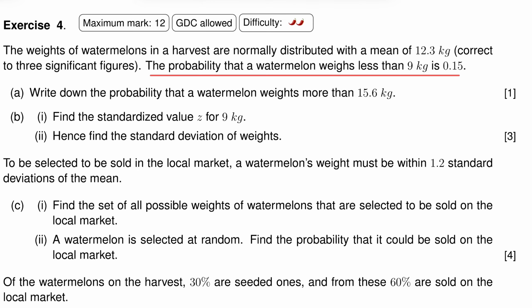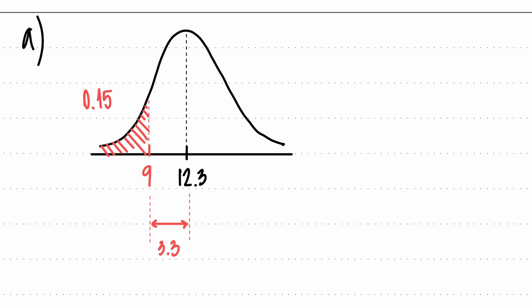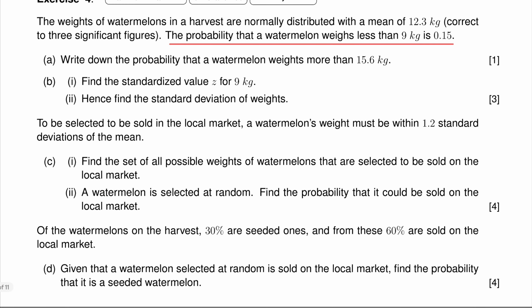One thing that we know is that the probability of finding a watermelon which weighs less than 9 kilograms is 0.15. So let's say that this red line represents 9 kilograms, and the probability, meaning the area over here of being less than 9, is 0.15. Now, due to the symmetry of a normal distribution and noticing that this gap over here is 3.3 kilograms, if we represent that gap to the right now, we should get the same area to the right, which means 0.15.